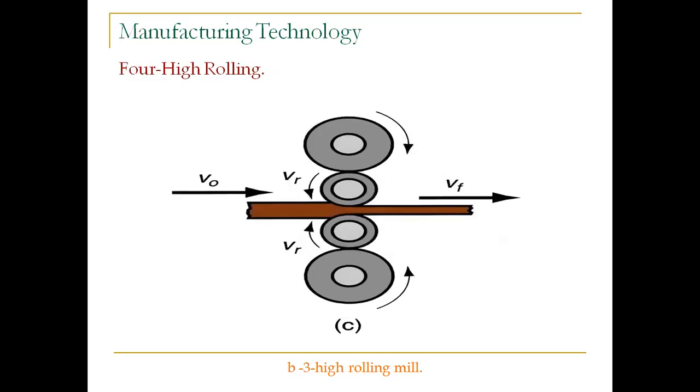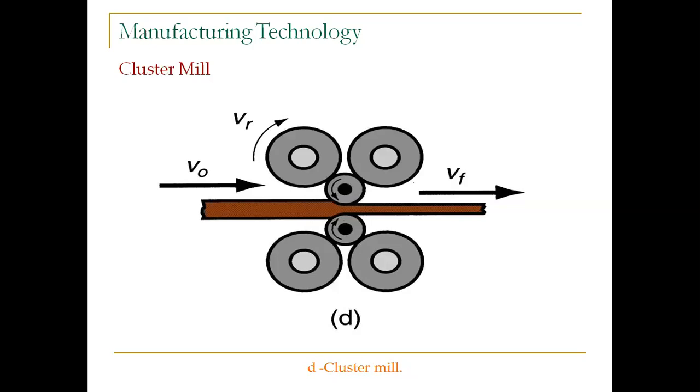Next one is four high rolling mill. In case of four high rolling mill, there are two smaller rollers and two large rollers. In the gap between the smaller rollers, the workpiece undergoes rolling, and the large rollers are used as supporting rollers. And cluster means there is a large number of rollers attached to one another for the purpose of reducing the thickness.